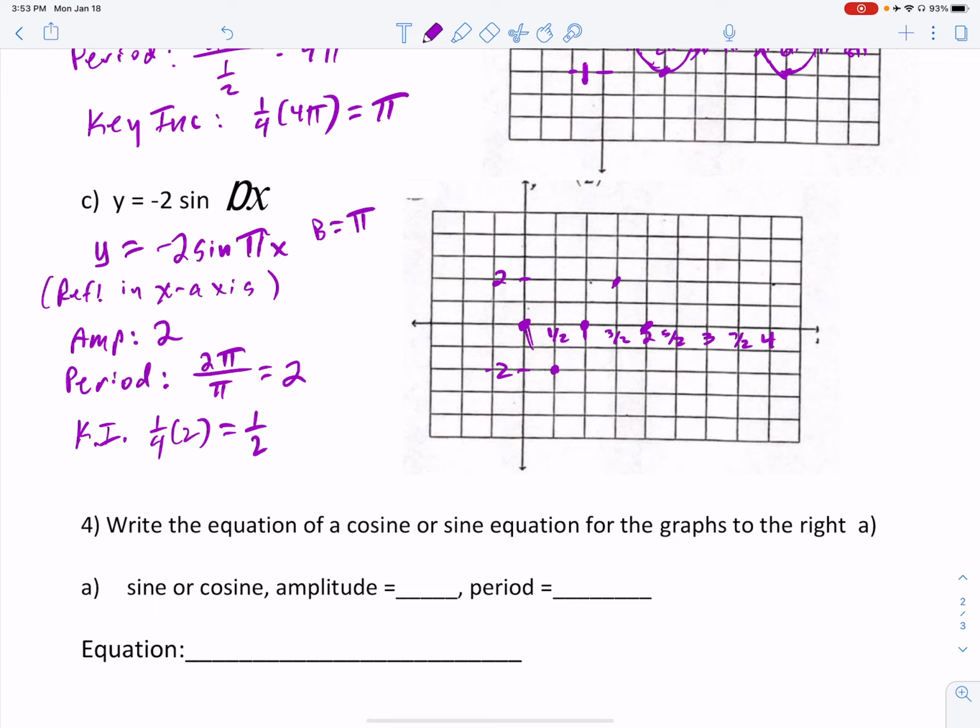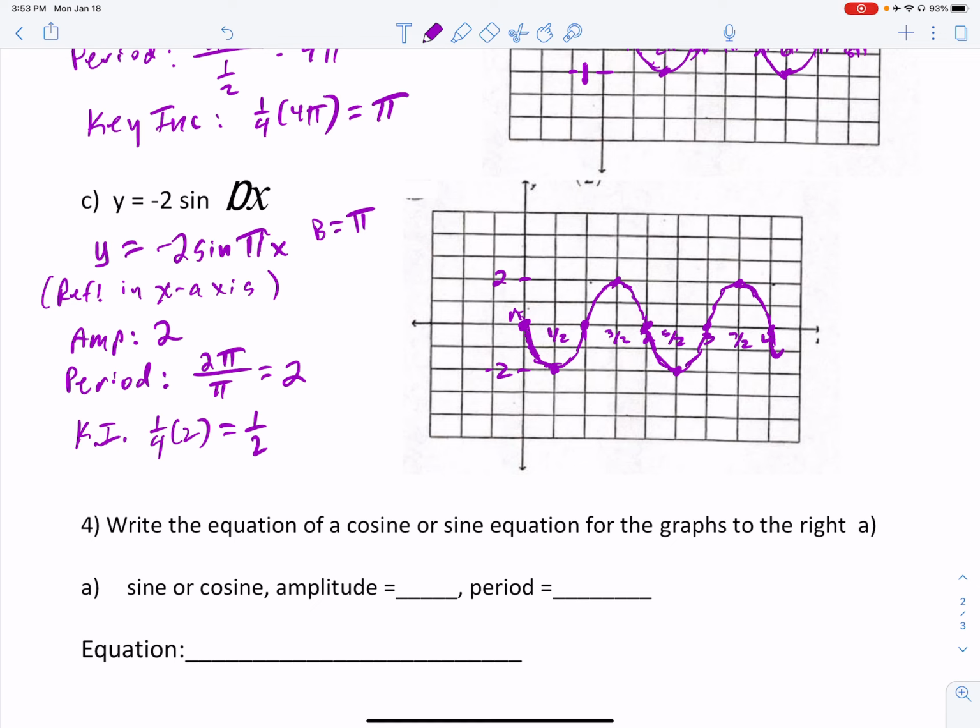So instead of going up to start, it's going to go down because of that reflection in the x-axis. And there is the graph of one period, but they want another period, so continue with that pattern. We're going to go down to -2, back to 0, up to +2, and back down. And there is your graph of -2 sine pi x.